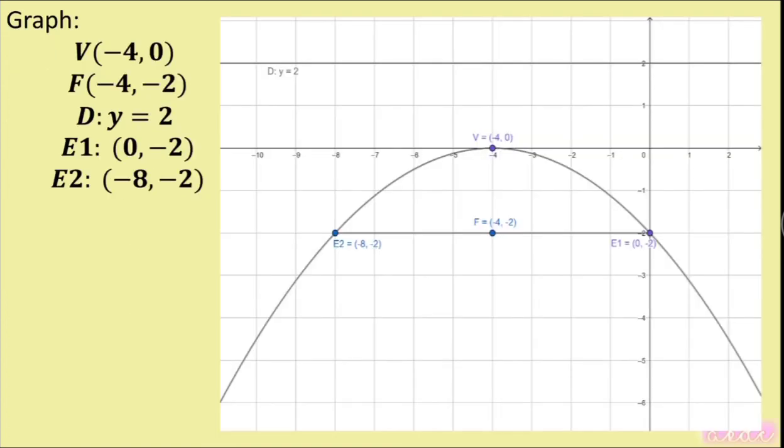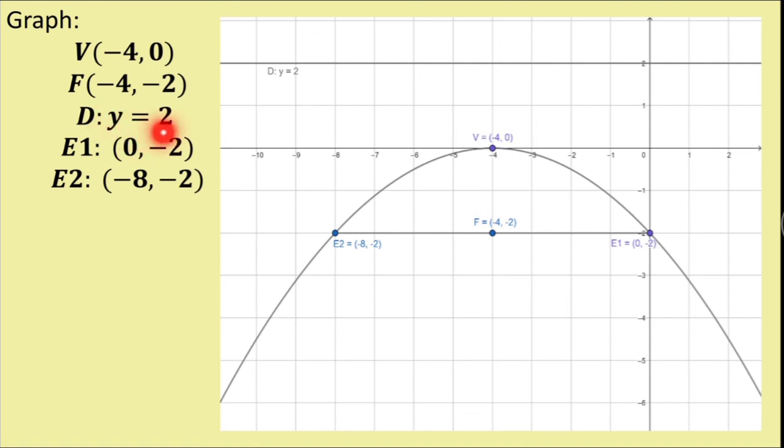So for the graph, we have to start at the vertex (-4, 0). So this is the vertex. Focus is at (-4, -2). This is the focus. So again, the parabola is opening downward because the focus is downwards of our vertex.